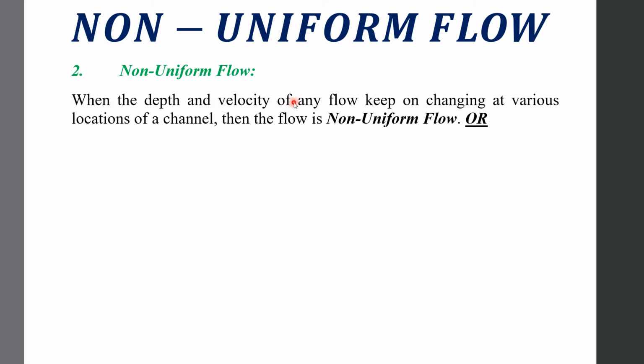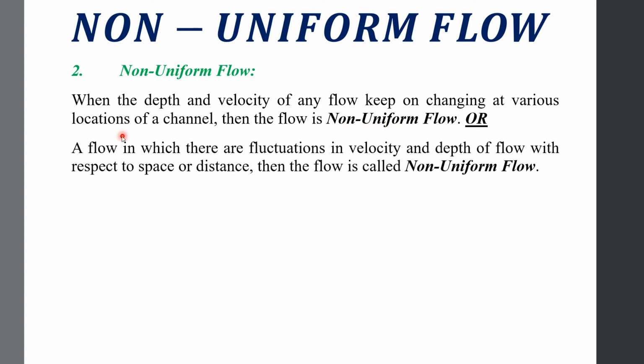When the depth and velocity of flow keep on changing at various locations of a channel with respect to distance, and are not constant, then the flow is known as non-uniform flow. Another definition: a flow in which there are fluctuations in velocity and depth of flow with respect to space or distance.